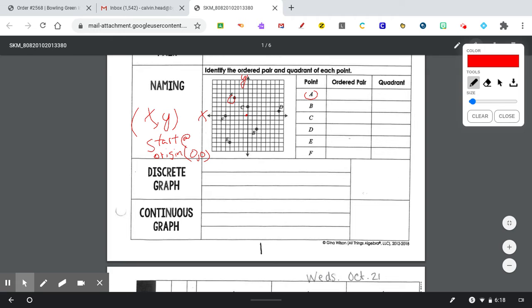To get to A, if I start at 0, I'm going over 1, 2, 3, which is -3. To the left is negative. And I'm going up 1, 2, 3, 4, positive 4. That's my ordered pair. Well, what quadrant is that in? Remember, our quadrants are like this. It's in quadrant 2.